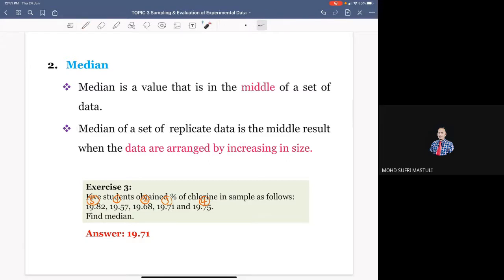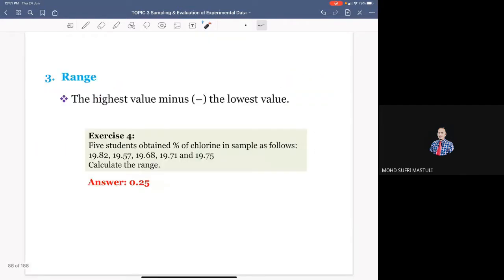So the middle data should be number 3, because we have 5 values, so the middle data should be the number 3 data. So the result is 19.71.